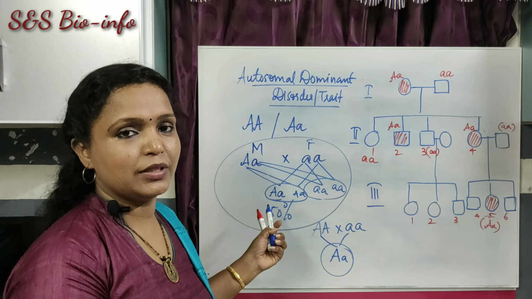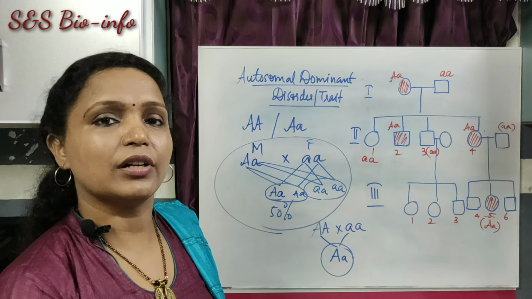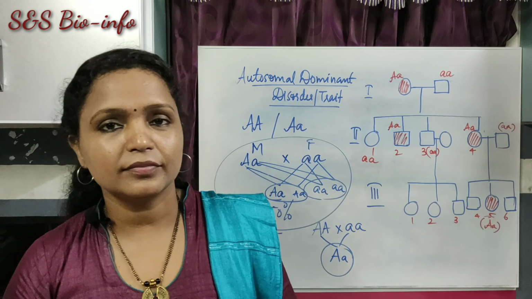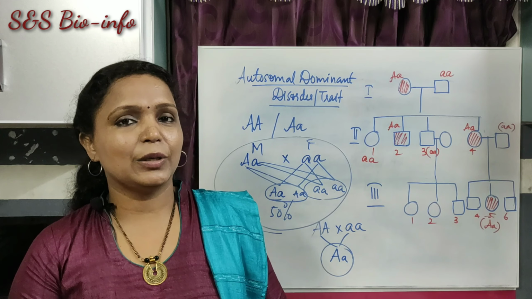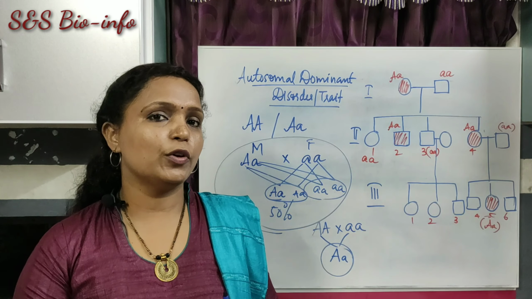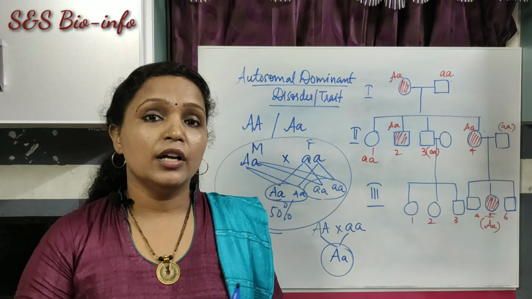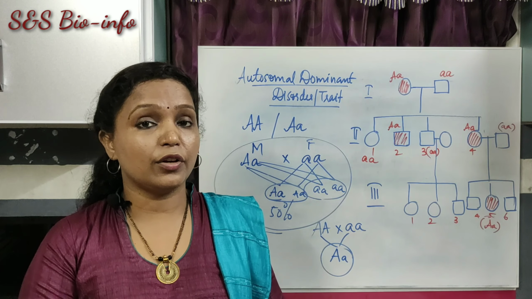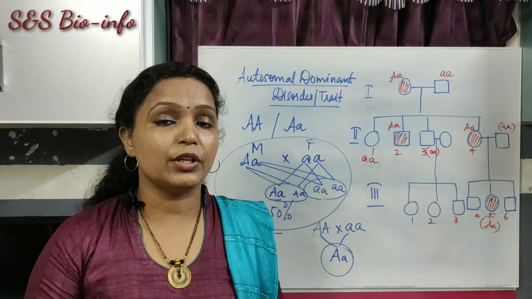I hope you understood how to solve a pedigree chart or a pedigree problem. So with this I conclude my session. I hope you have understood the significance of pedigree analysis. It is highly important to understand the inheritance pattern of traits or disorders, especially in human beings.